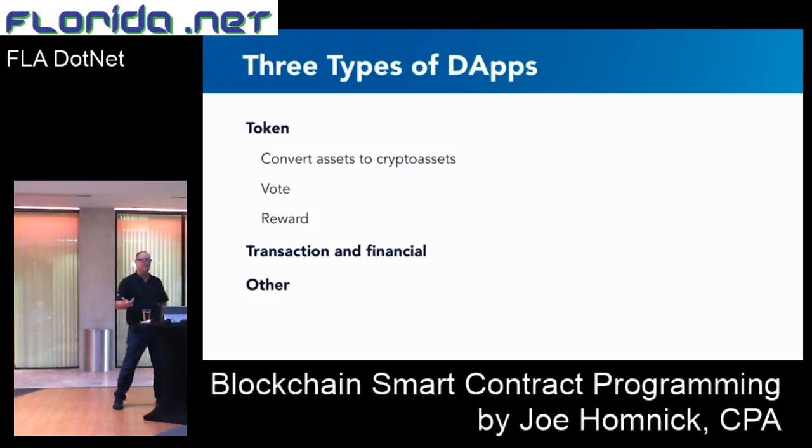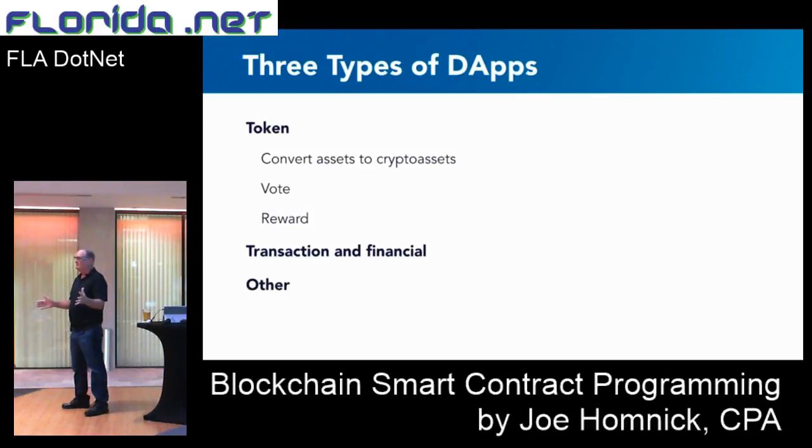So we have transactional, financial, and then we have this big other. Well, once you start playing with it, you realize that anything that can take advantage and maybe cut out a middleman, like we were just talking about that ride-sharing app, you don't need Uber or Lyft adding expense anymore.